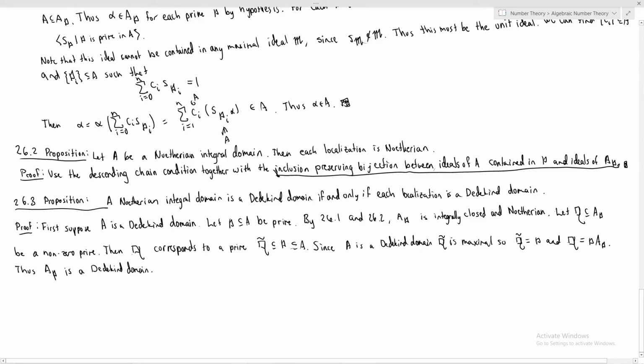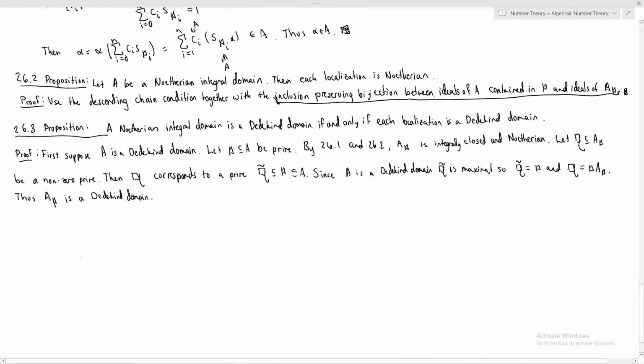Okay. So now we need to go in the reverse direction. This is slightly more work, but not too bad. Let's suppose each localization is a Dedekind domain.